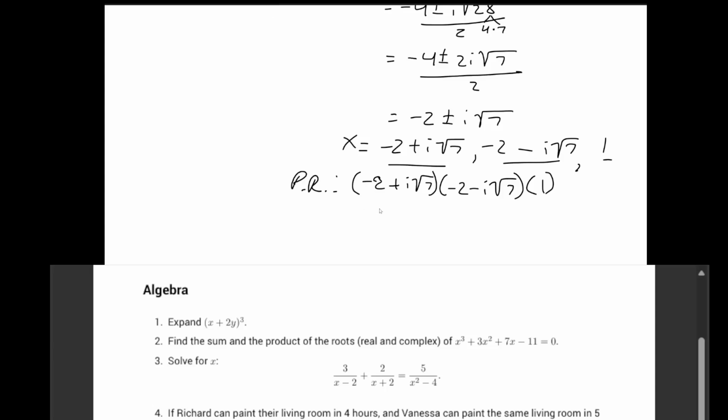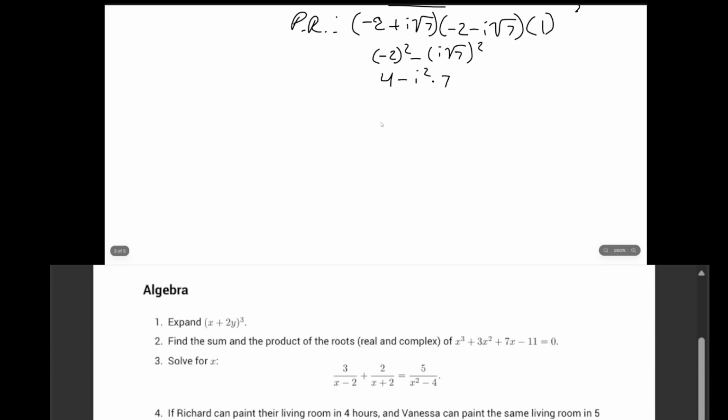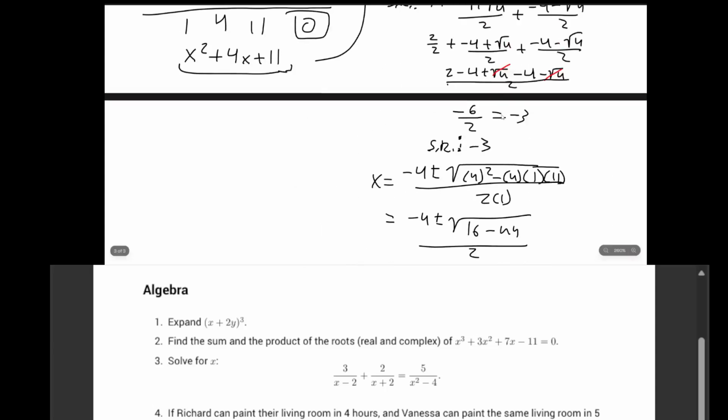I'm just going to show you guys the entire thing. Negative 2 squared minus i root 7 squared. This will be 4 minus i squared times 7. i squared is negative 1, so this will just be 4 plus 7, which will equal 11. So therefore, we can just say the sum of roots was, I'm pretty sure, negative 3, right?